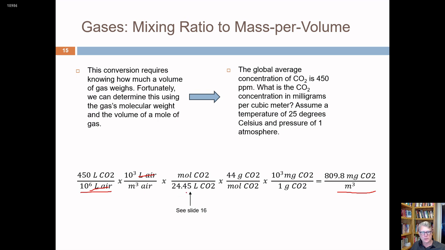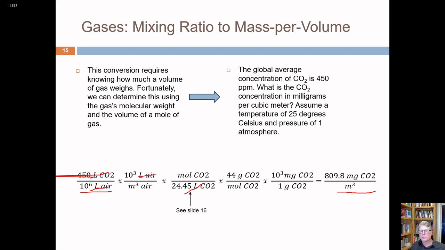But let's go with that now. So here we can now cancel out our volume of CO2, and we are now at moles of CO2. But that's not what we want. We want milligrams of CO2.